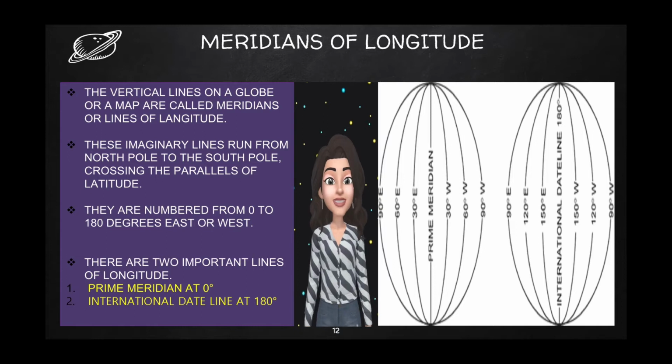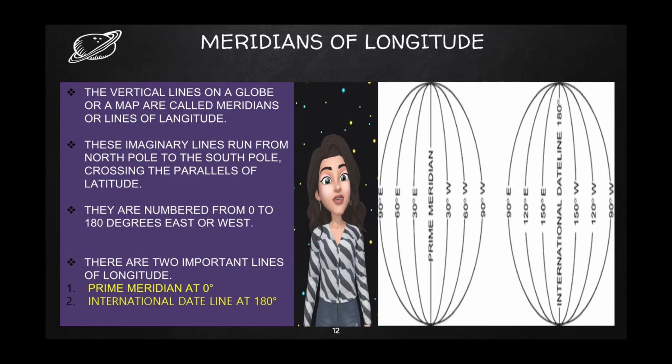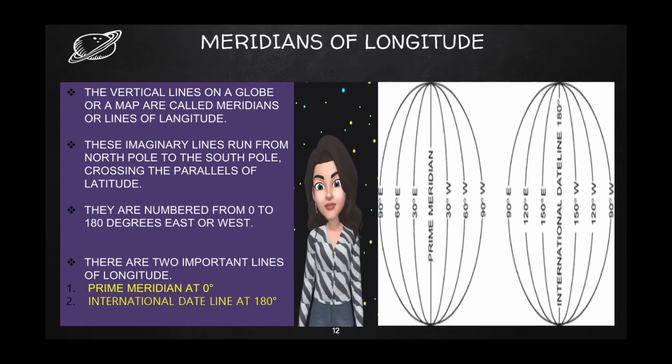So students, as we know, horizontal and vertical lines are called latitudes and longitudes, right? We already learned about horizontal lines that are called latitudes. Now, the vertical lines on a globe or a map are called meridians or lines of longitude.